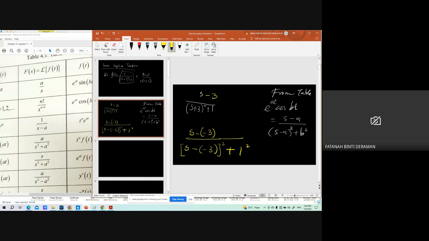So a equals this. That's why we will have, so to create this, one minute.